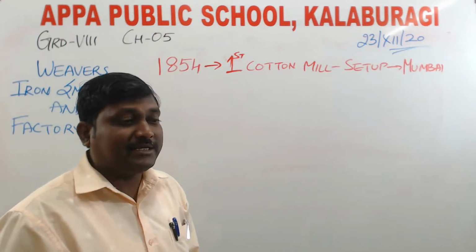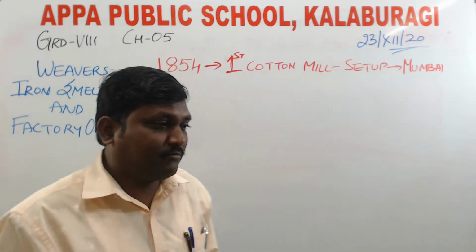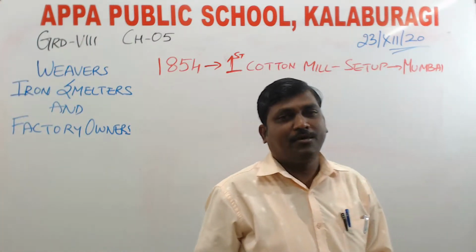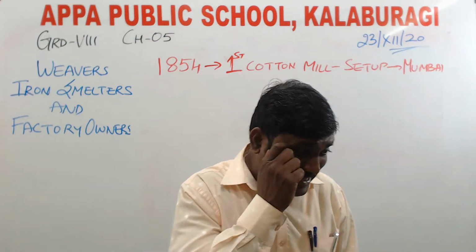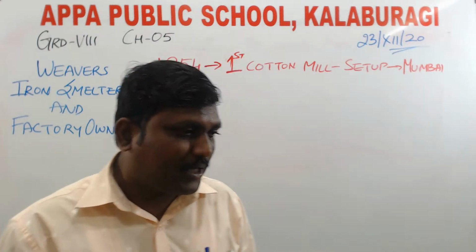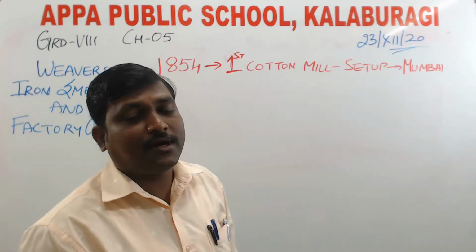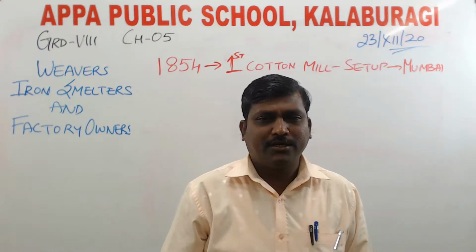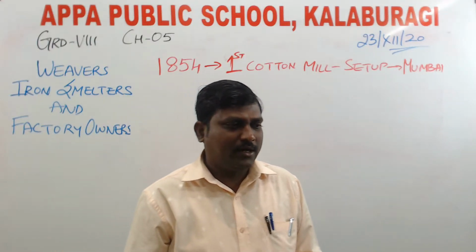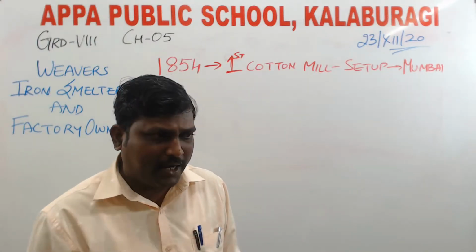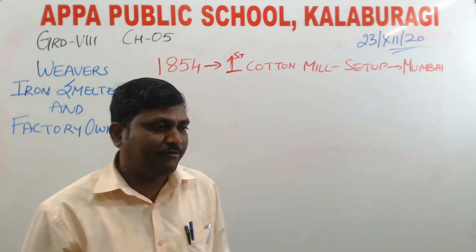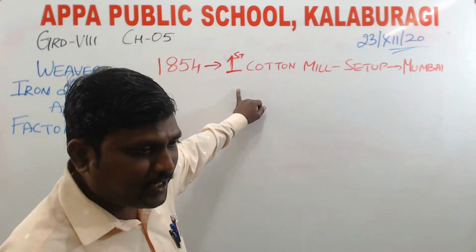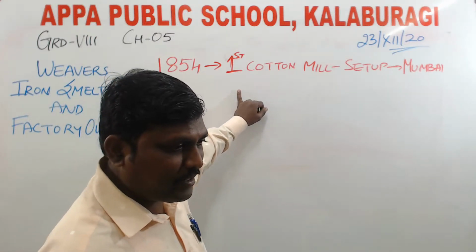Right. So what is the reason why they set it up in Bombay itself? The major raw material for the production of cotton cloth is cotton. I hope you have studied in geography the conditions, the weather and temperature required for the growth of cotton and jute.